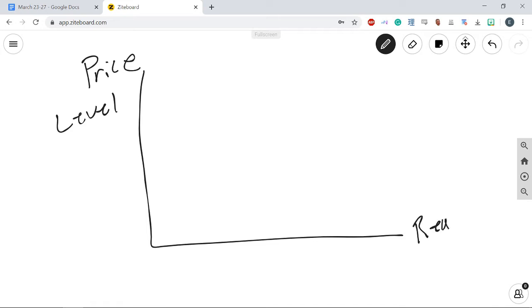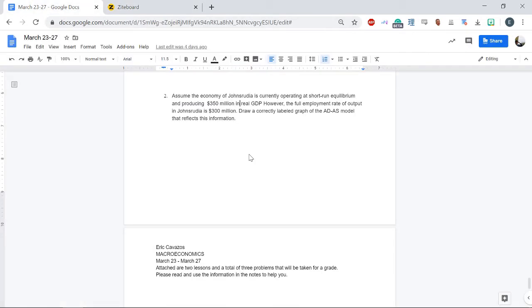We got the real GDP. So it's saying we have two numbers.